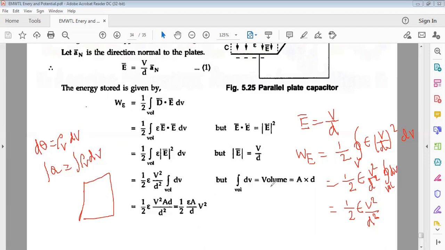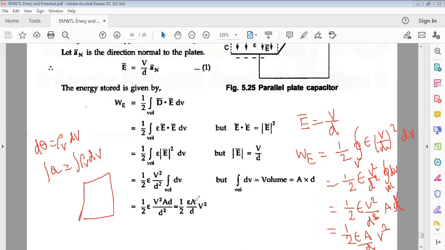That is nothing but the volume only. So A into D, and here one of the D's gets cancelled. 1 by 2 epsilon A by D into V square.